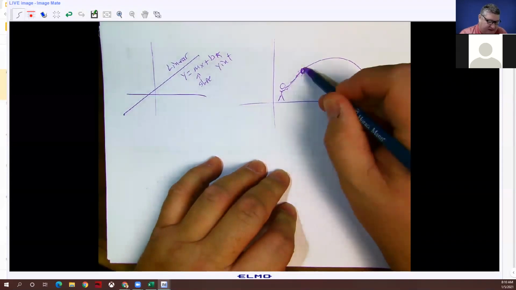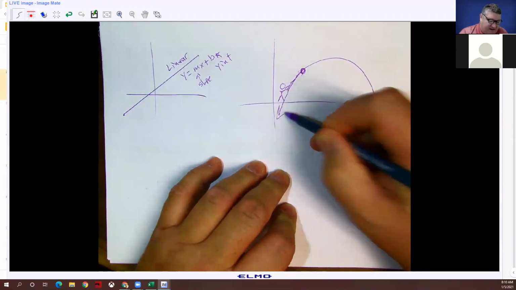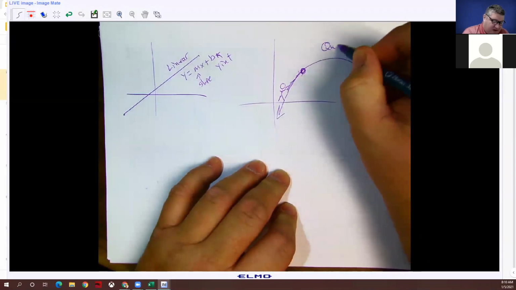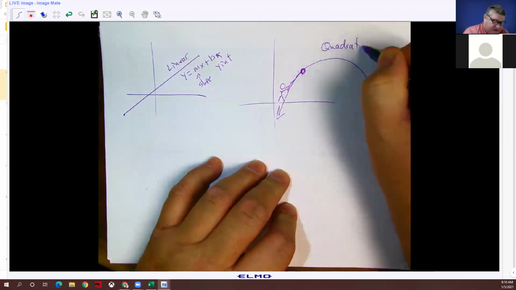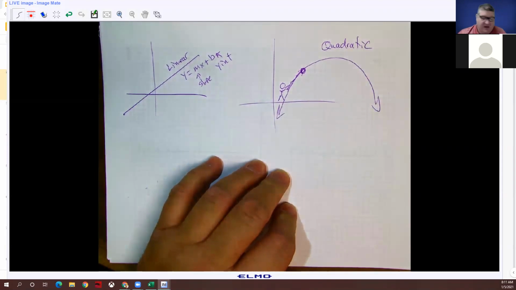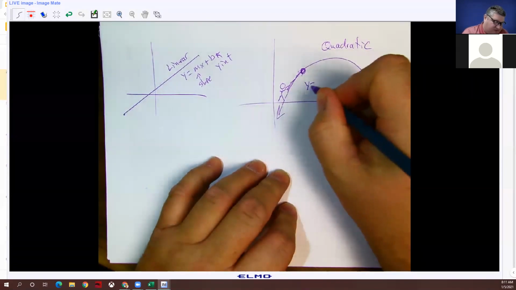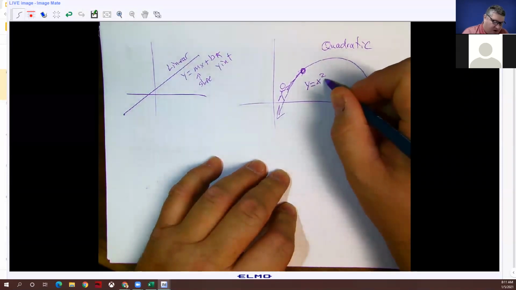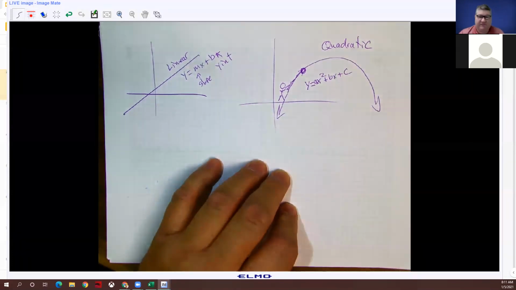And so that is clearly not a linear equation. It's not a straight line. In fact, it is a parabola, and a parabola is a quadratic equation. You're familiar, or should be already, with the quadratic equation from Algebra 1: ax squared plus bx plus c.